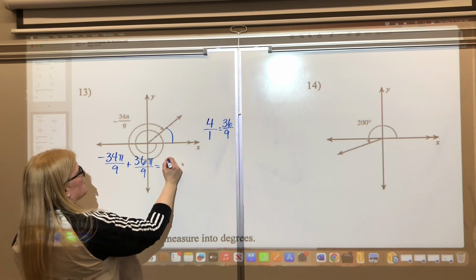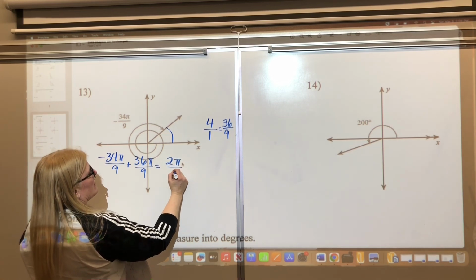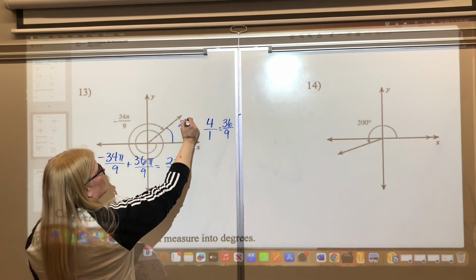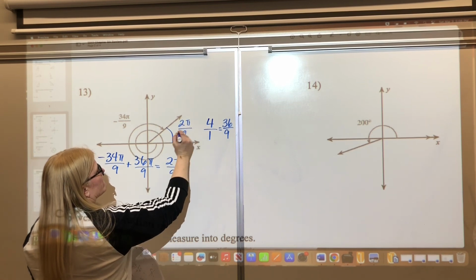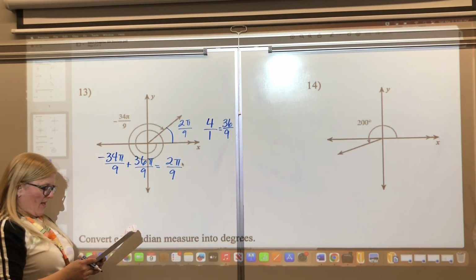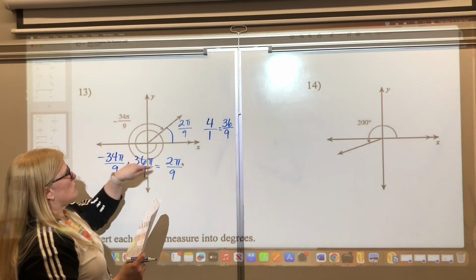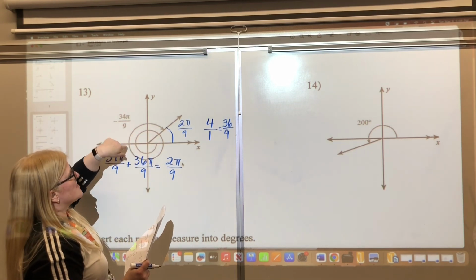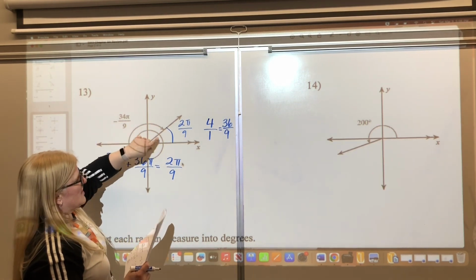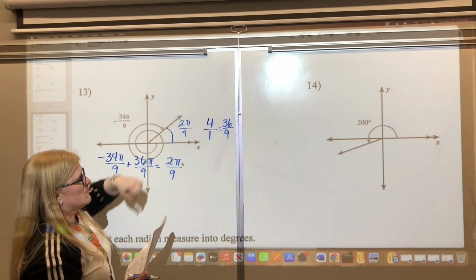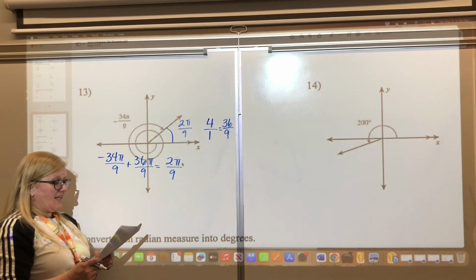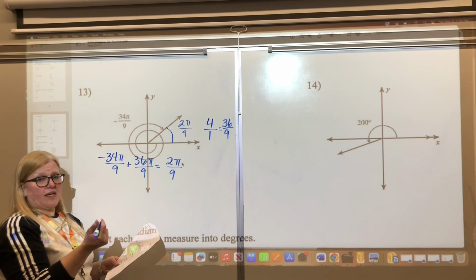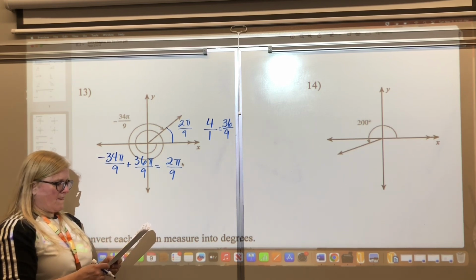So that gives me 2 pi over 9, and that is what is left. So I have 2 pi around, and I subtracted this part, and that gave me what is left. And again, it's positive because reference angles are positive.